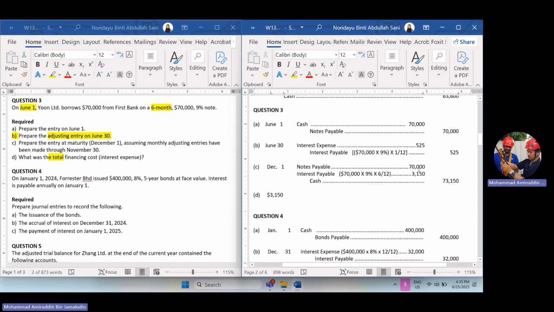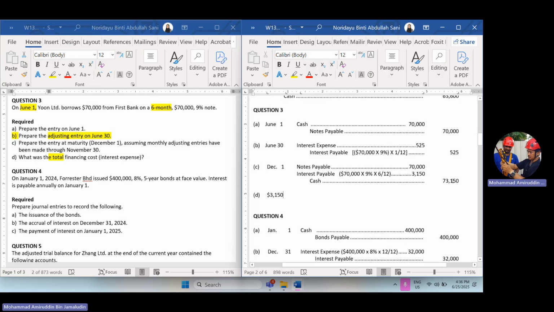notes payable, settle. Then we compute the interest. The interest for how many months? Of course, for the 6 months, because you borrow 1st June, you pay on 30th November. Okay, so I just simply take 70,000 multiply 9% multiply 6 over 12. Then I get 3150. So this much I pay to the bank. That's it.